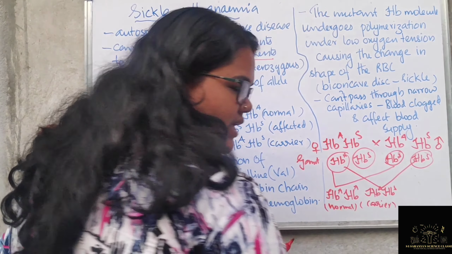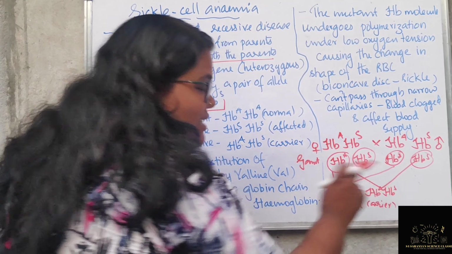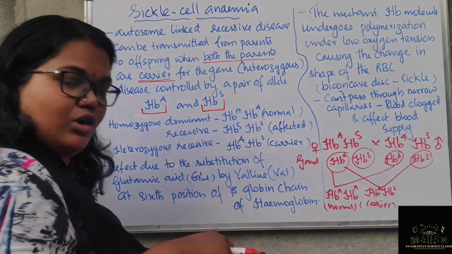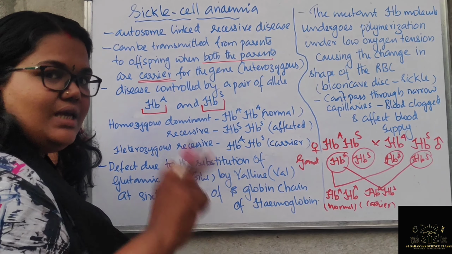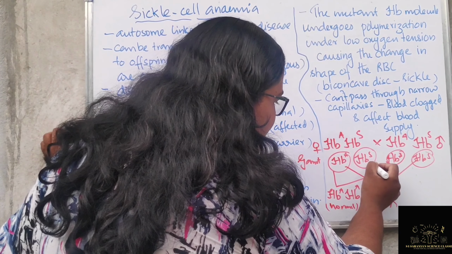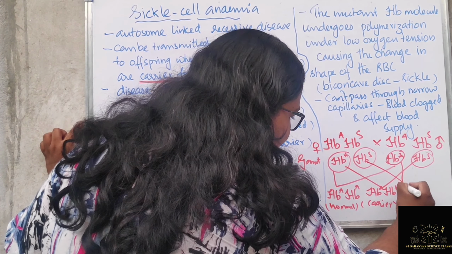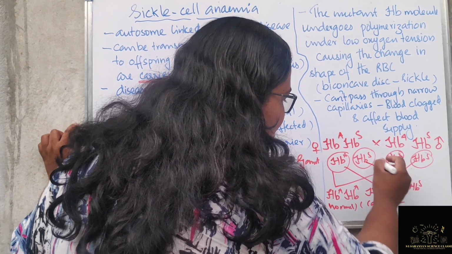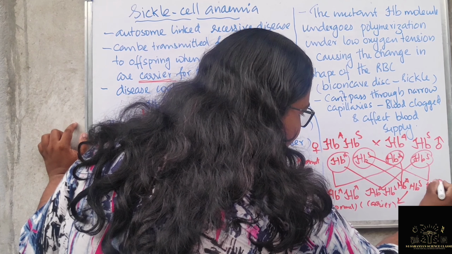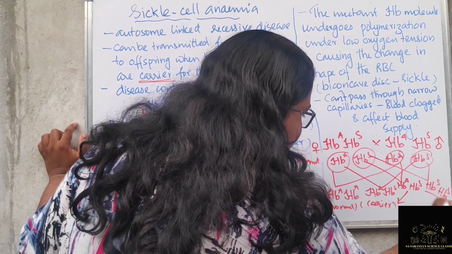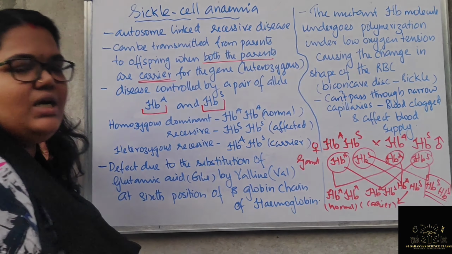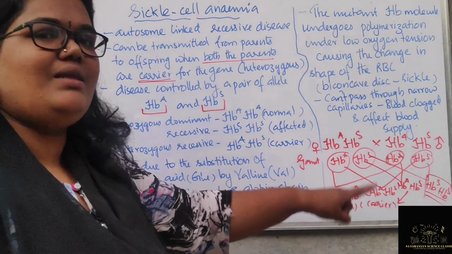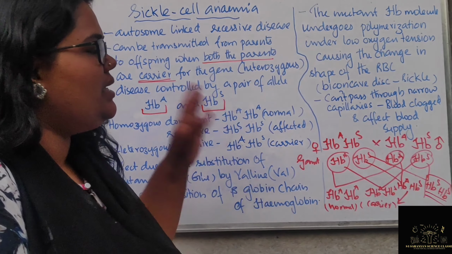So here HbA, HbS: one sickle cell anemic hemoglobin gene is there, so that's why it is a carrier. If both are sickle cell anemic genes, then that will be affected. What about here? Here again you can see HbA and HbS, so this will also become a carrier. But in the last case you can see HbS and HbS. This is the affected one because both alleles are sickle cell anemic genes. So in that case only, that person will become sickle cell anemic.